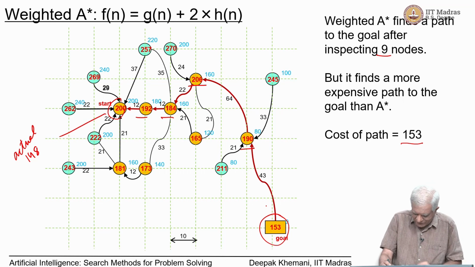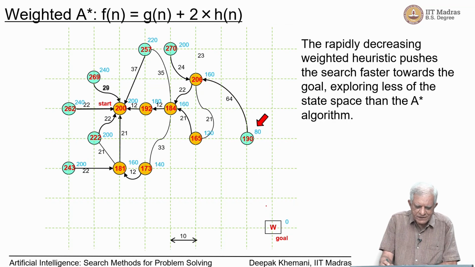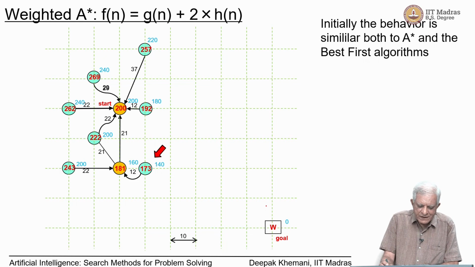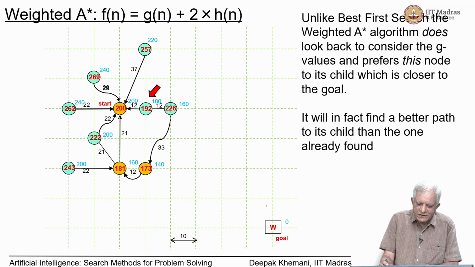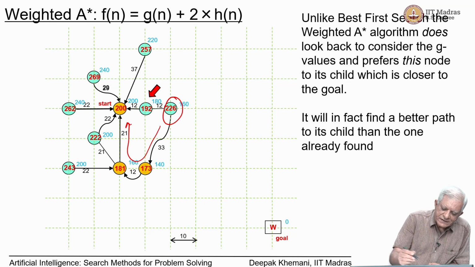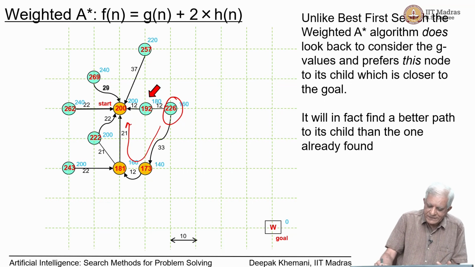So, if you look at this WA star, it found this node with the cost 181, then it found this node with cost 173, then it found this node with a path coming through this way essentially, but its value was 226.